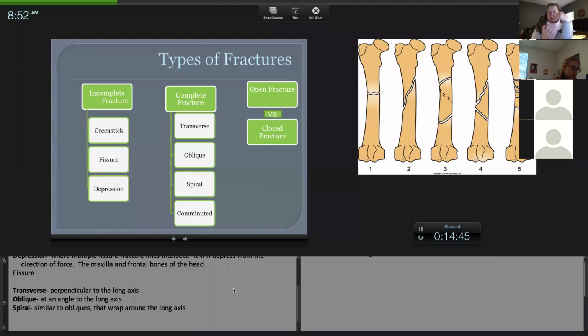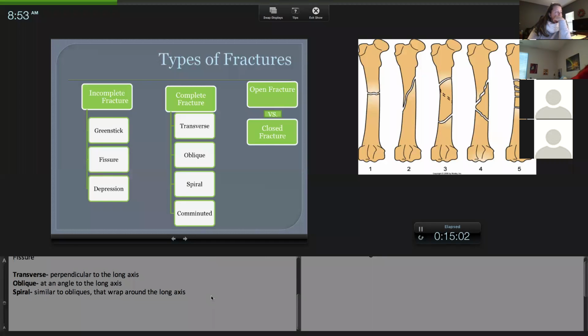I feel like spirals and obliques look similar, okay? But a spiral is going to be broken maybe up here, and then it comes around down here and breaks. Comminuted is a little bit harder, but it is going to be multiple pieces. So a comminuted is going to be multiple. Let's look at some pictures.